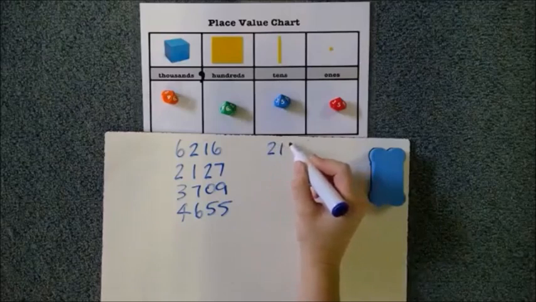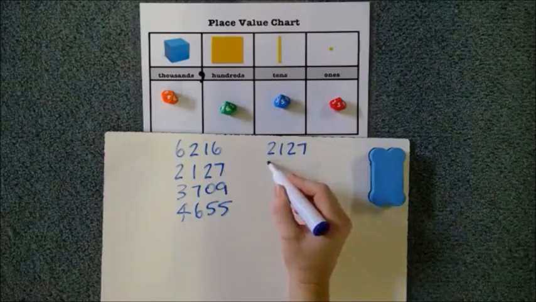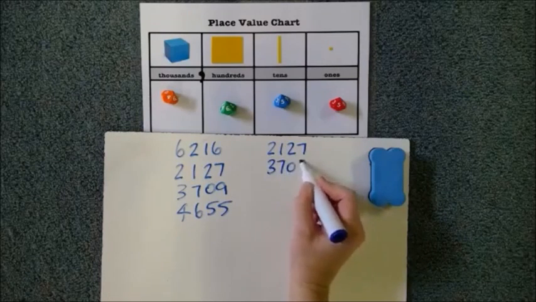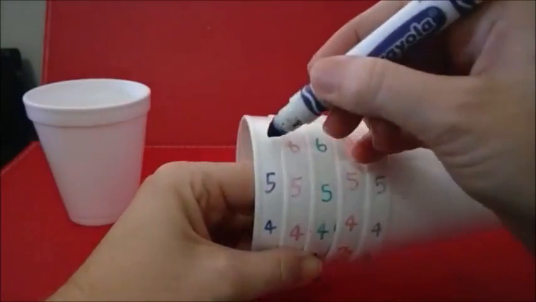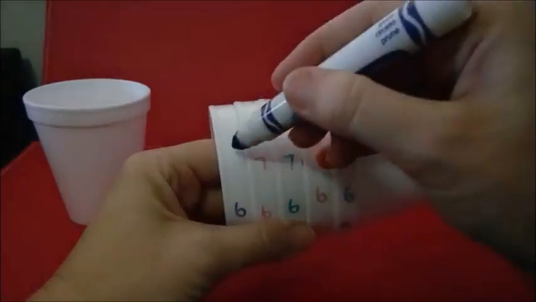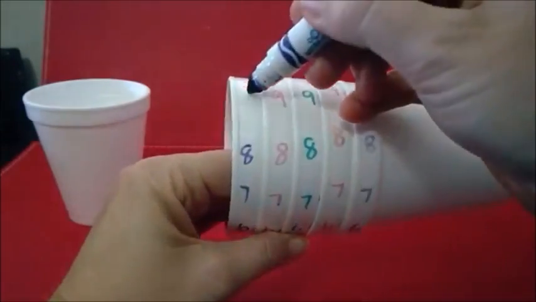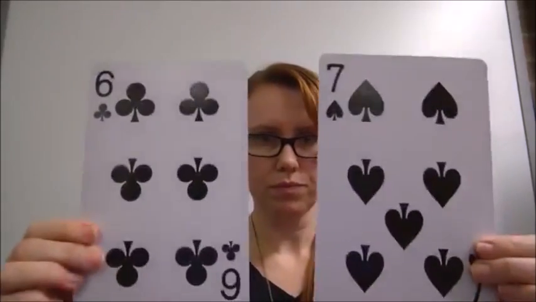Hi Clever Pickles. Today, hi Clever Pickles. Our answers should be 2,127, then 3,709. Ready?